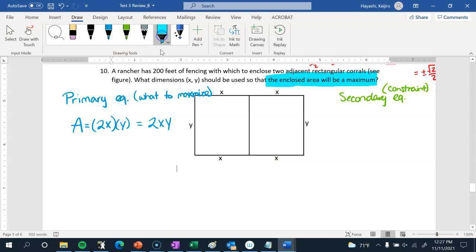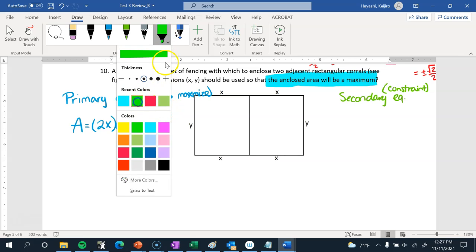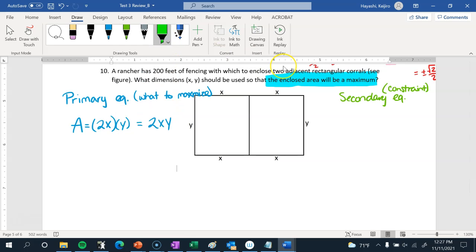So what we can hope to do is to use a secondary equation, which, if you go through the problem, this restriction appears to be that he's limited to using exactly 200 feet of fencing in order to construct this.